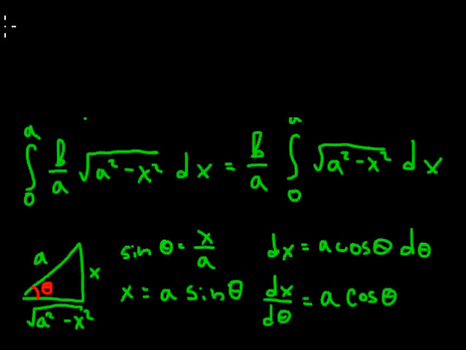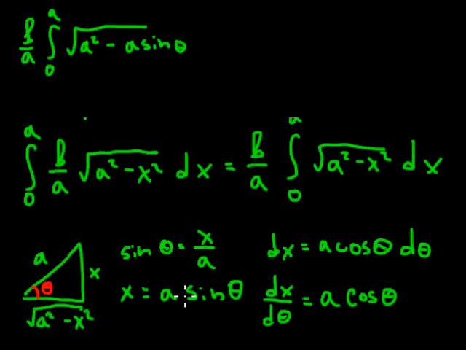So we have this constant b over a, and it's the integral from 0 to a of the square root of a squared minus, okay, this x, we have it here. We're going to take this thing and substitute it here. So we take a sine theta.